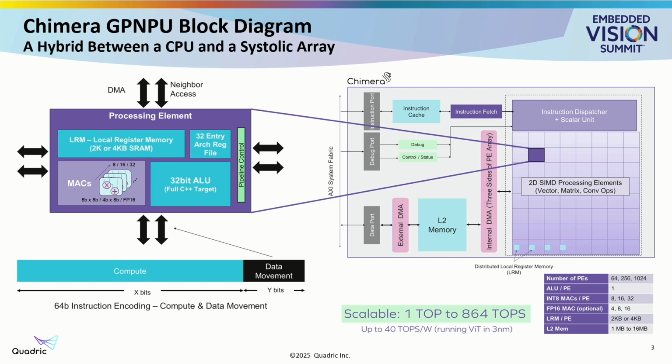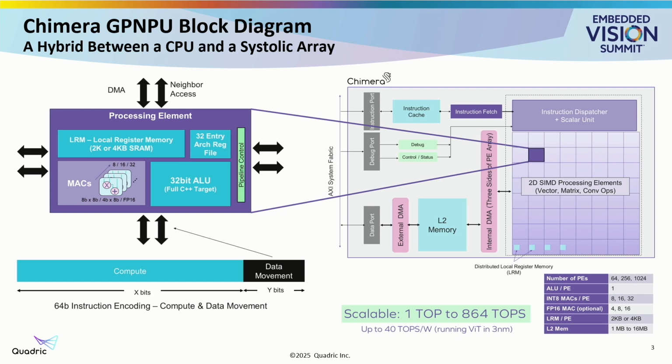Just like all other NPUs out there, including the one we just heard about, we start with MACs and local register memory, SRAM. But unlike most of our competitors, within a processing element, we include a 32-bit ALU, which is a full C++ target.